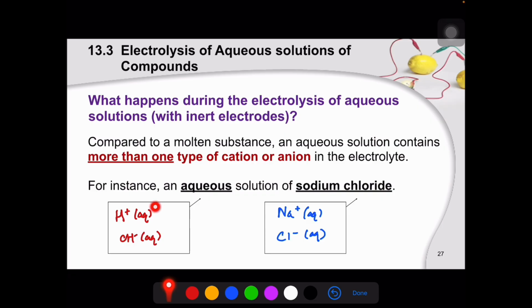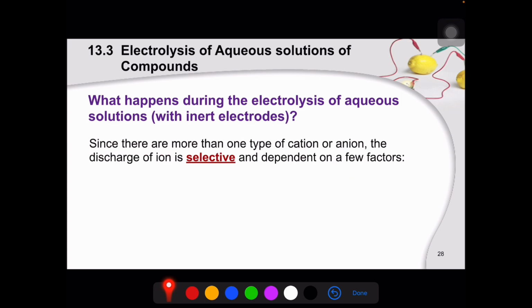But this time round, there are also your H plus and OH minus ions. Now, this actually came from H2O. We will not go in depth into what it means, how come H2O can result in this, but if you're curious about it, you can go and search about this concept called partial dissociation of water. So take note now that there are some new ions here, which will actually affect how our analysis of the question will look like.